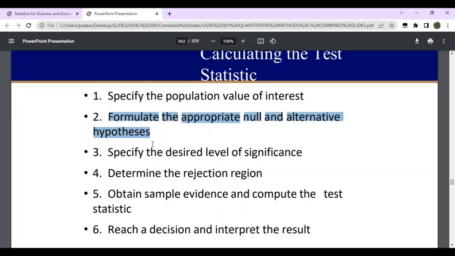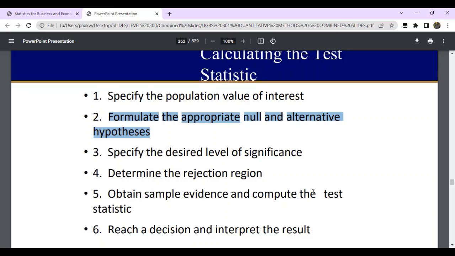If you formulate your hypothesis and your test is lower tail, your rejection region is going to be at the left of the curve. And if your test is upper tail, your rejection region is going to be at the right side of the curve. Fifth, obtain sample evidence and compute the test.